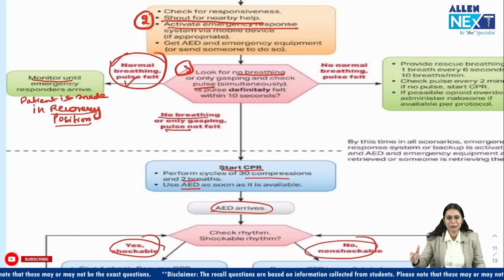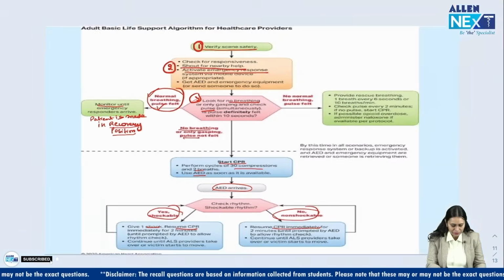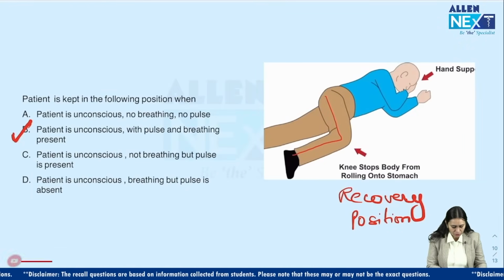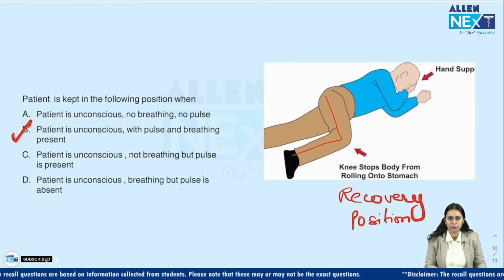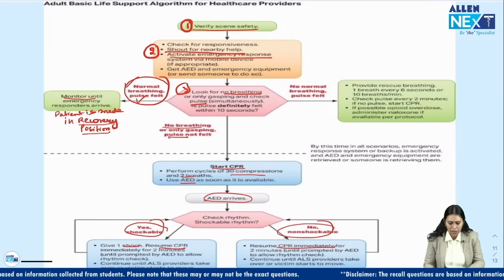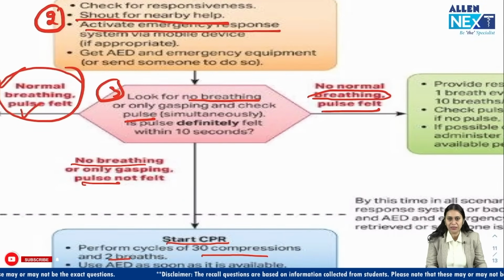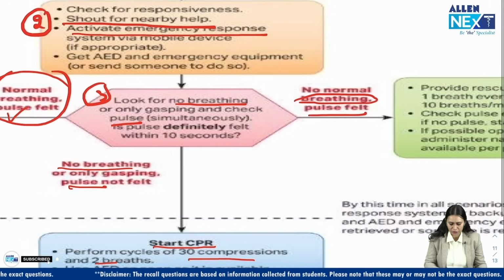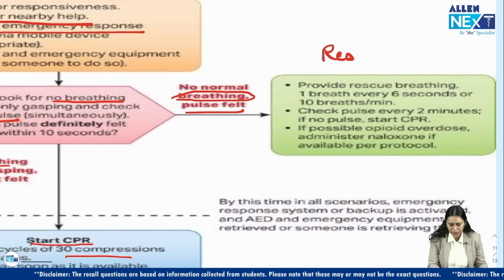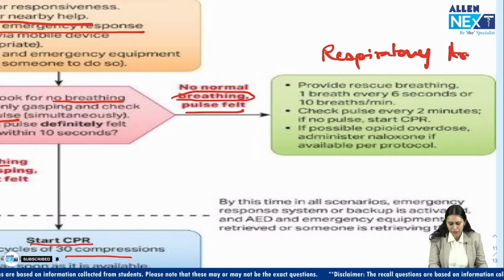The next option was a patient who is unconscious, not breathing, but pulse is present. The patient has no response, breathing is not present, but pulse is there. This is respiratory arrest.